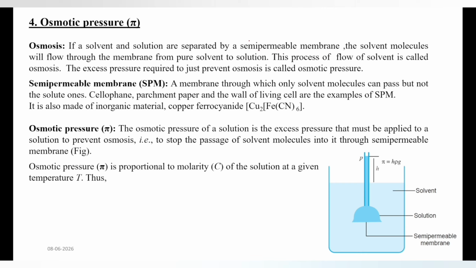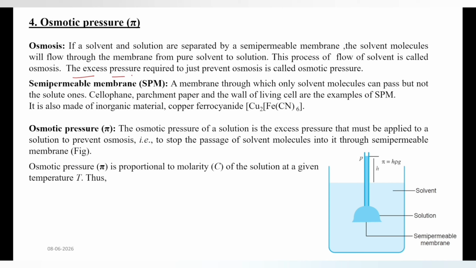The solvent molecules will flow through the membrane from the pure solvent to the solution, but no solute can pass through. This process of flow of solvent from a region of its higher concentration to a region of its lower concentration is called osmosis.